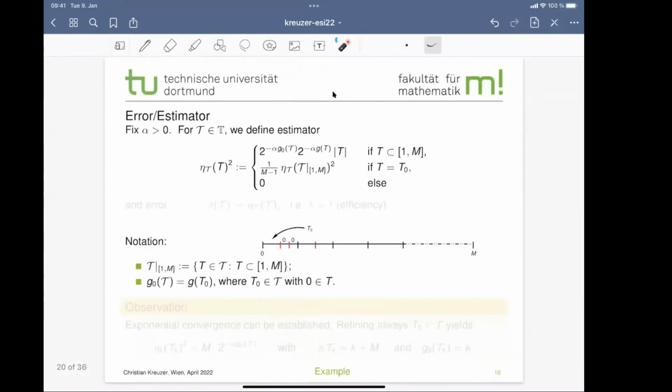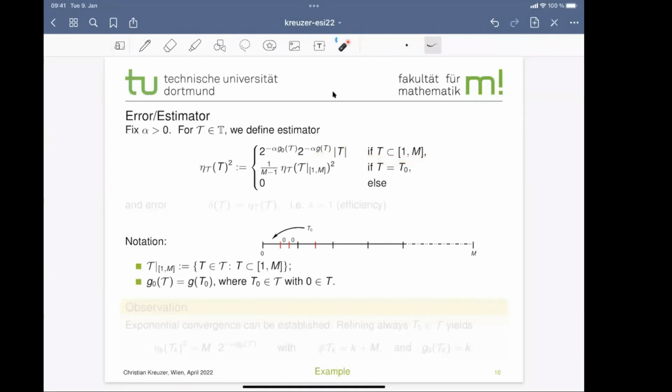Now we come to the error estimator. So we fix an alpha bigger than 0, arbitrarily fixed, and we define the error estimator by that. First of all, we take an exponential decay, to the minus alpha times the generation of the element t, whenever t is in the interval between 1 and m.